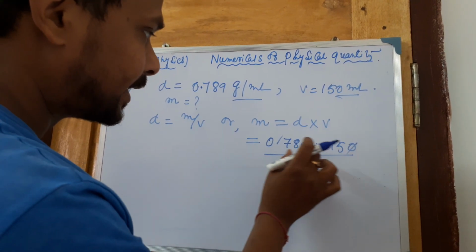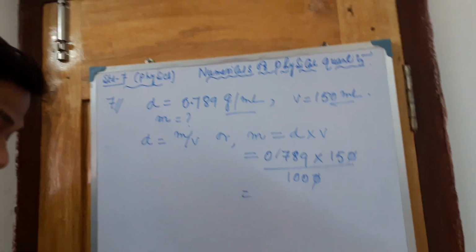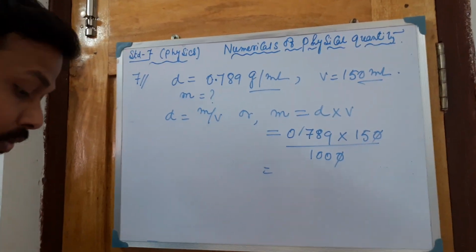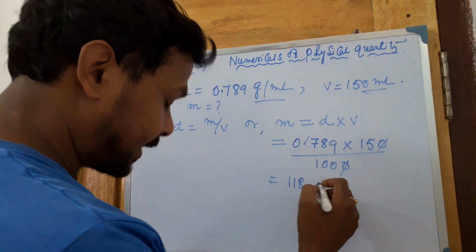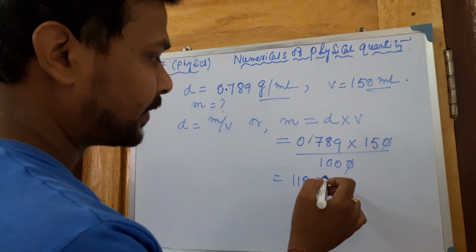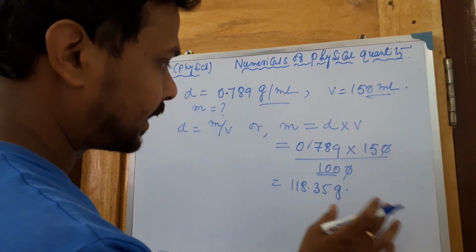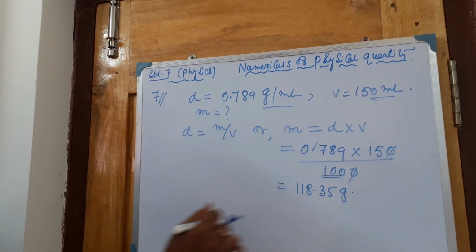So 789 into 15, if you multiply, what value will come? I am not doing this; 118.35 gram is the result. You just multiply and then divide by 100, and this result will definitely come. That will be the mass of this.